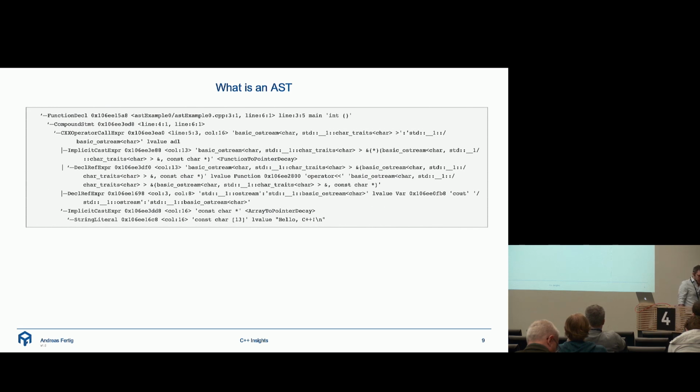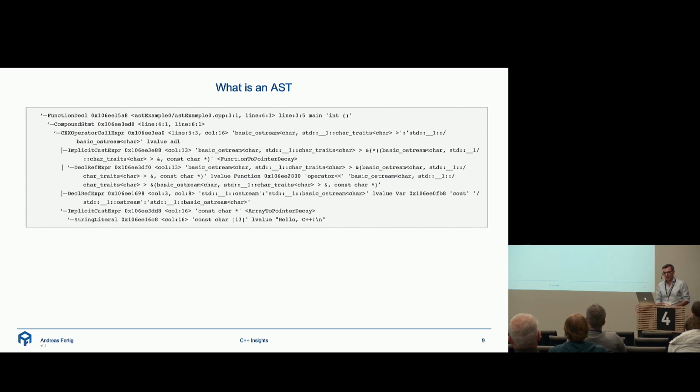Now I said that C++ Insights uses the abstract syntax tree of the compiler, and I'd like to give you a feeling what that is. That's part of an AST of a C++ program. And it's only the last fragment, maybe 1% of the whole AST flooding over my screen when I'm dumping this AST.